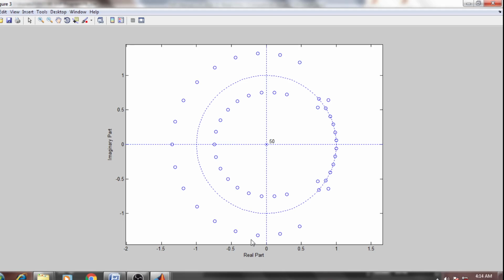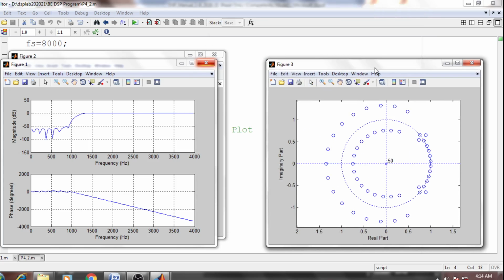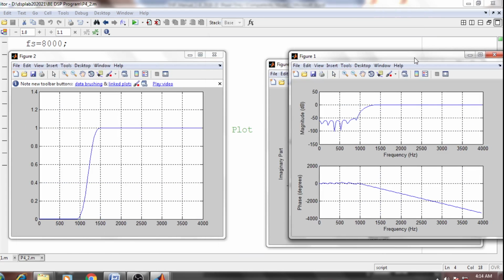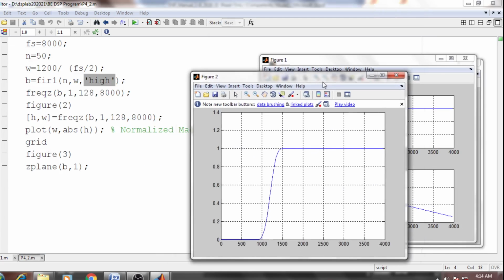So you can very easily do the comparison between the high pass and low pass filter. These three graphs are achieved with the help of this high pass filter.